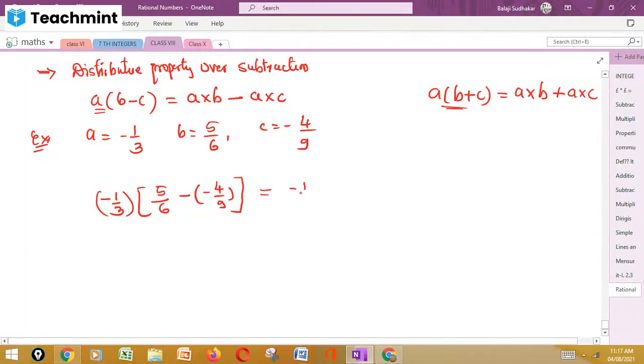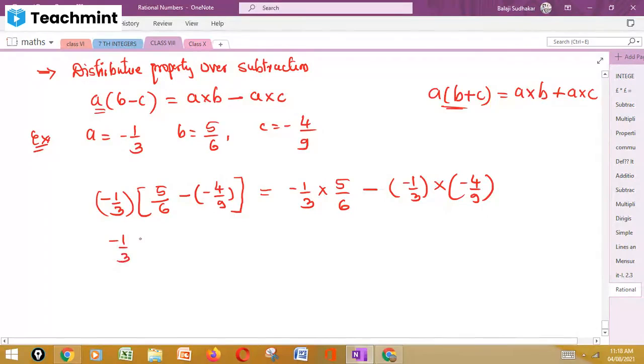A into B is minus 1 by 3 into 5 by 6, minus A into C, which is minus 1 by 3 into minus 4 by 9.